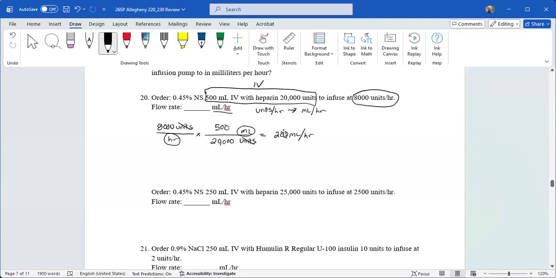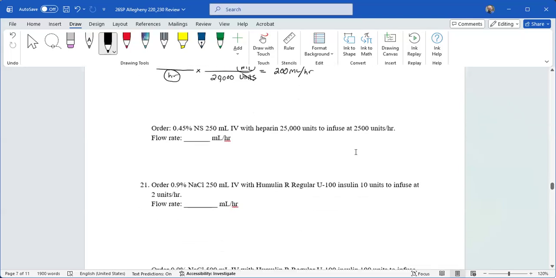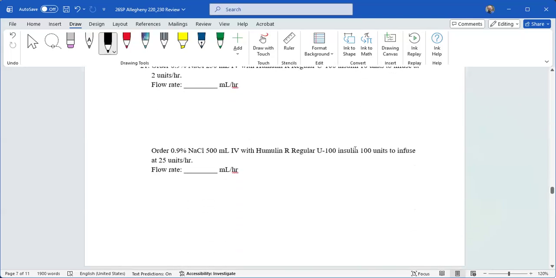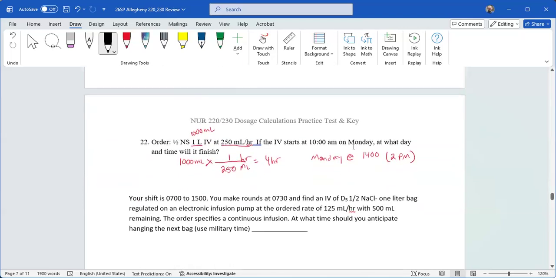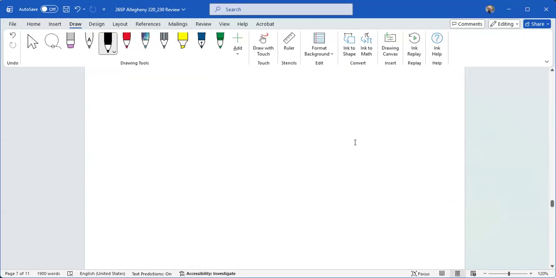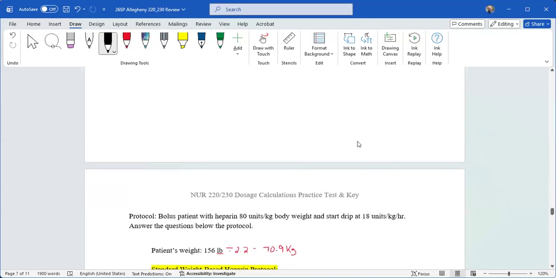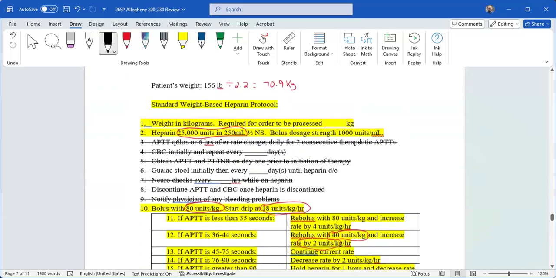If you're able to follow what I did there, even if you don't like to use dimensional analysis, if you at least start setting some of these problems up, I think it'll save you some time and headaches if these are the types of questions that you tend to miss. All right, so let me go back to our heparin protocol.